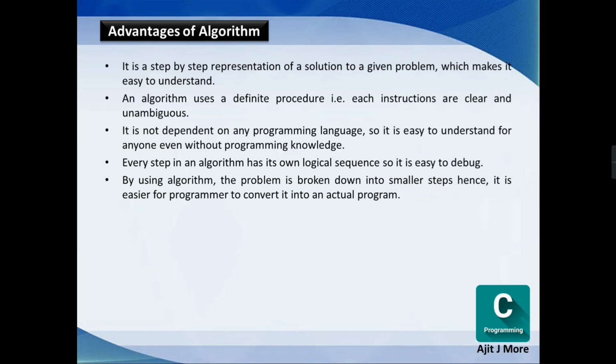They have their own sequence, so if you trace it, you'll be able to find out where the logical error is. And when we write an algorithm, we take care that each and every step is effective. They are written at such a basic level that we can do it by paper and pencil, and therefore converting it into a program is also an easier task, right?